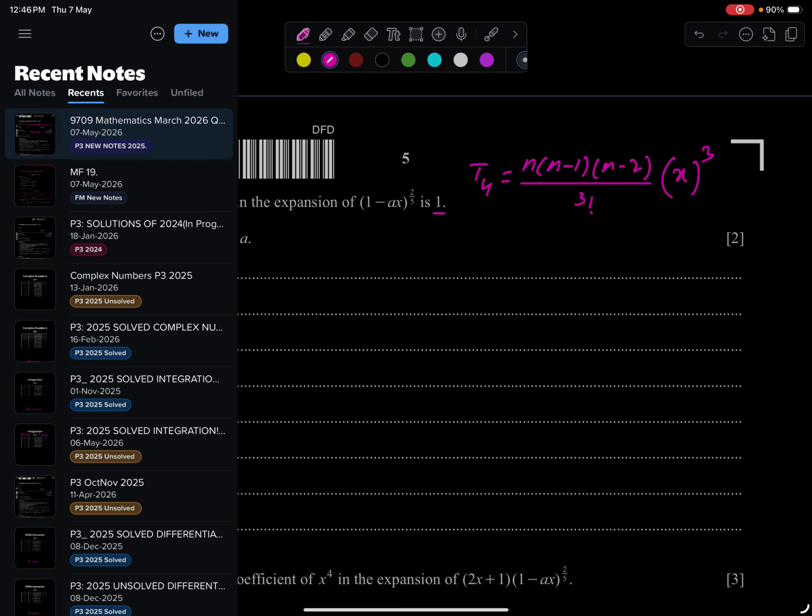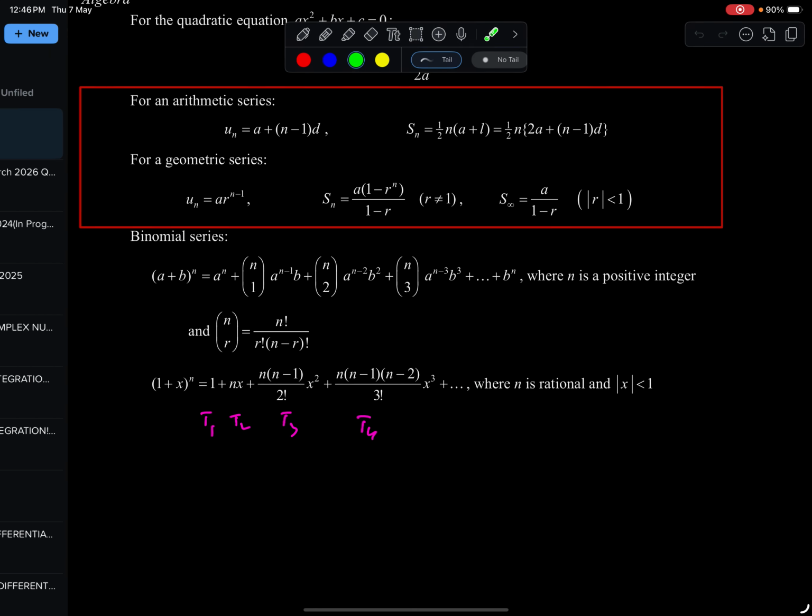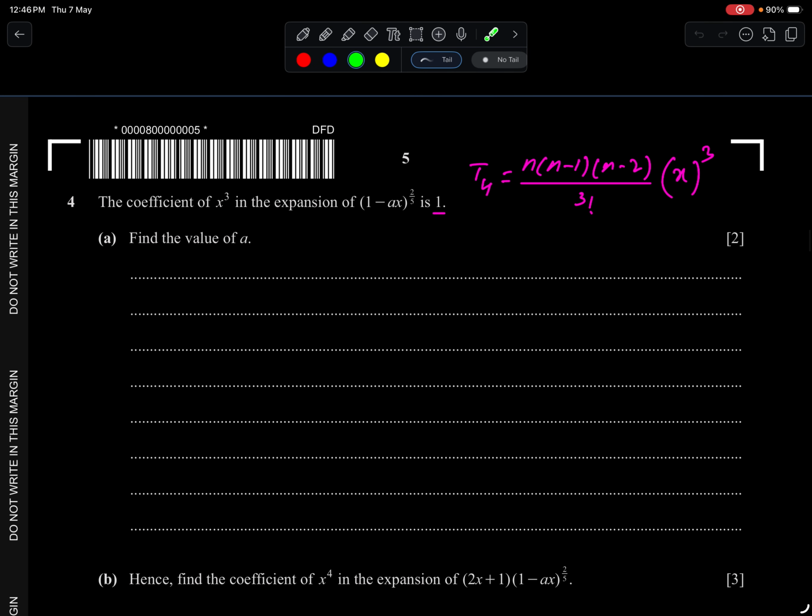Check this again in MF19. I just copied this. Alright, so it says the coefficient of x cube. That means we have to use this formula for the coefficient of x cube.